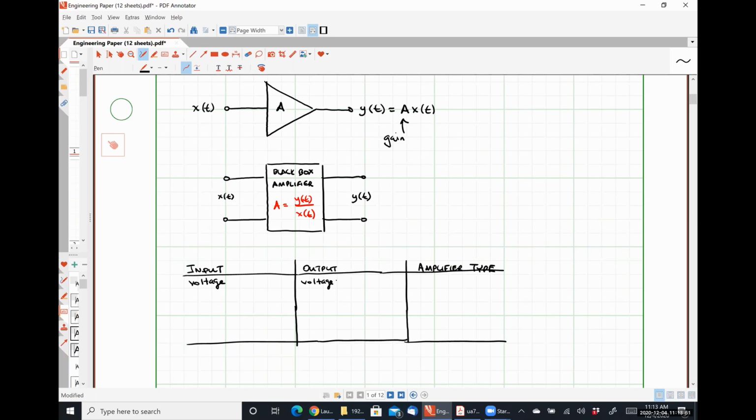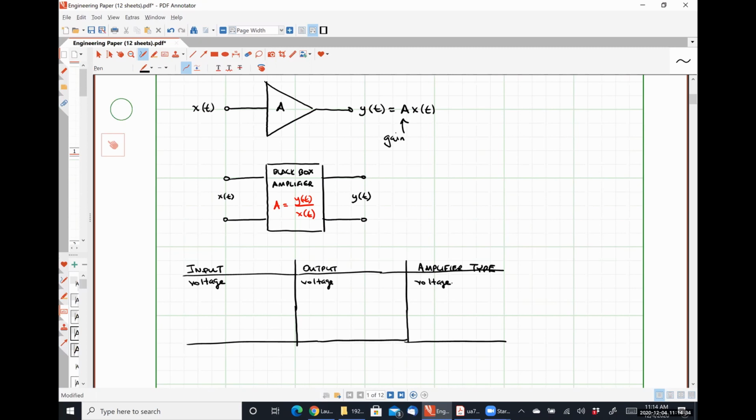And very uncreatively, we call this a voltage amplifier. So the gain of this would then be the voltage gain having units of volts per volt, okay? So an example of a voltage amplifier would be in your cell phone, the thing that converts the signal from the cell tower boosts the level before it goes into the multiplexer and all that kind of stuff for your radio. That would be a simple voltage amplifier.